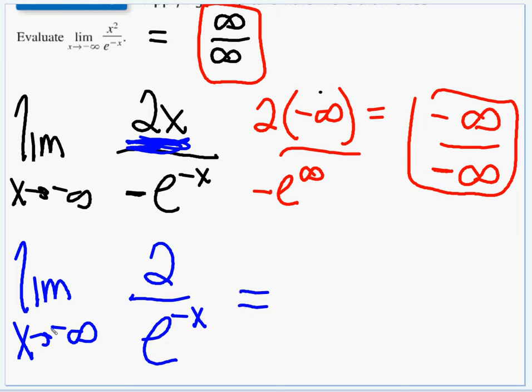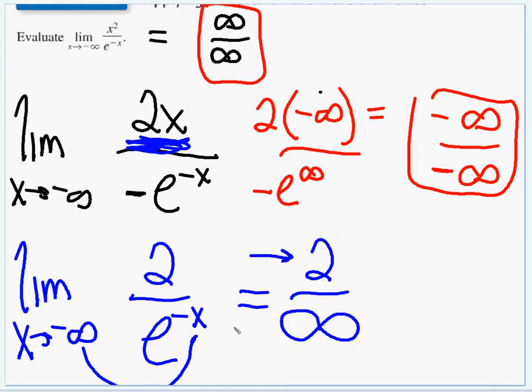Now, if we try direct sub one more time, negative infinity has no place to go in the numerator. That's going to stay at 2. Down here, e to the negative infinity is going to be e to the positive infinity, or infinity. Aha! Now this is something that has an answer. 2, a finite numerator, divided by an infinitely huge and growing denominator, is heading for 0.